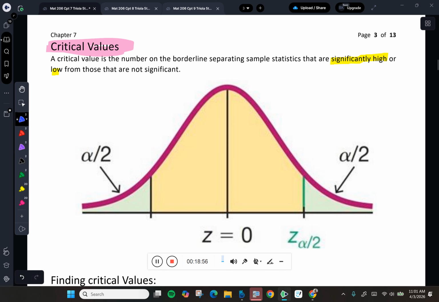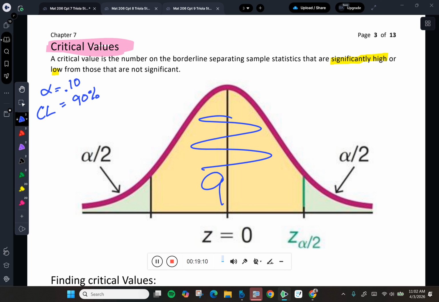So if I were to say, let's make an alpha level of 0.10, which corresponds to a confidence level of 90%, what we're saying is make this in here 90% and make each of those tails 5%.